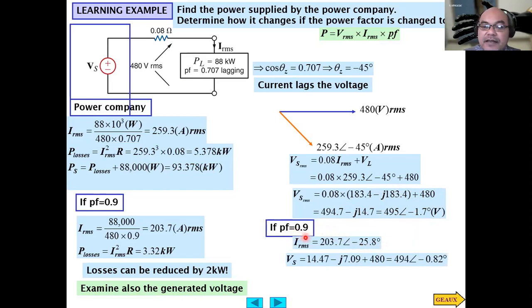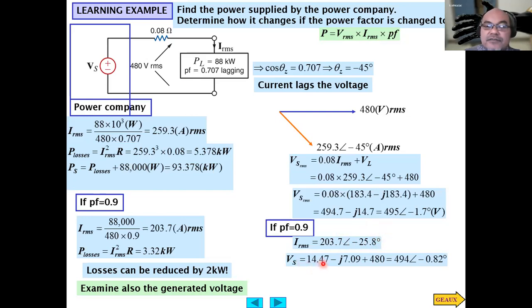If the power factor is 0.9, then the Irms is 203.7 with phase angle of minus 25.8 degrees.